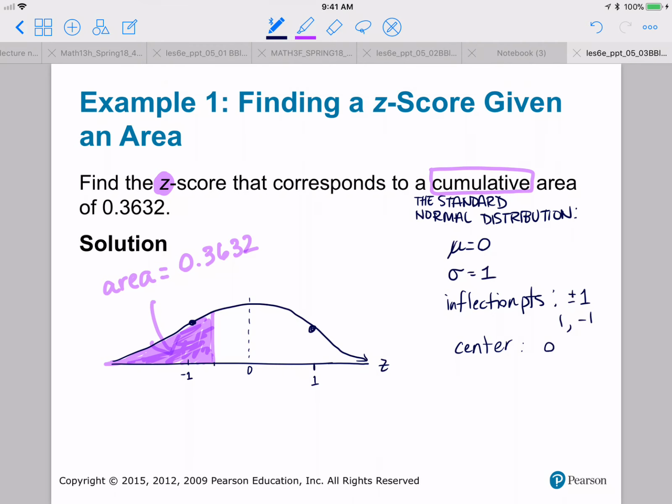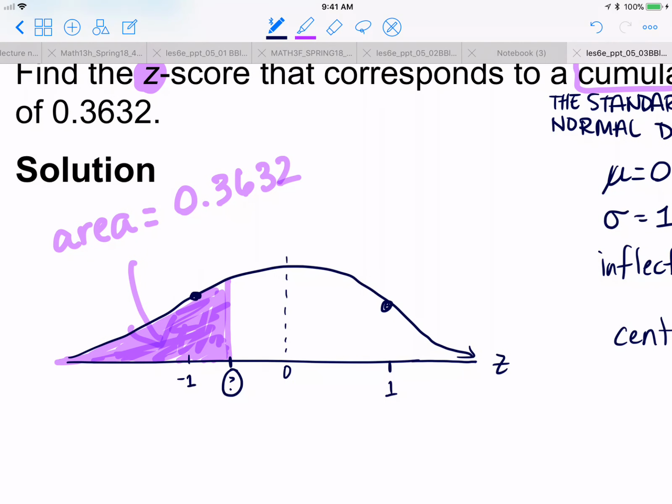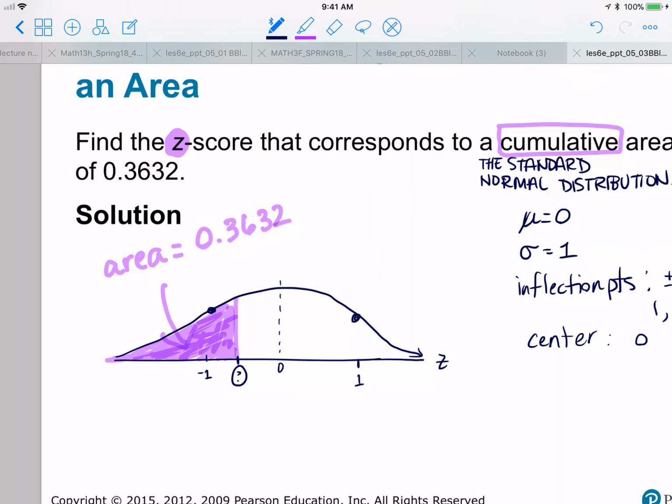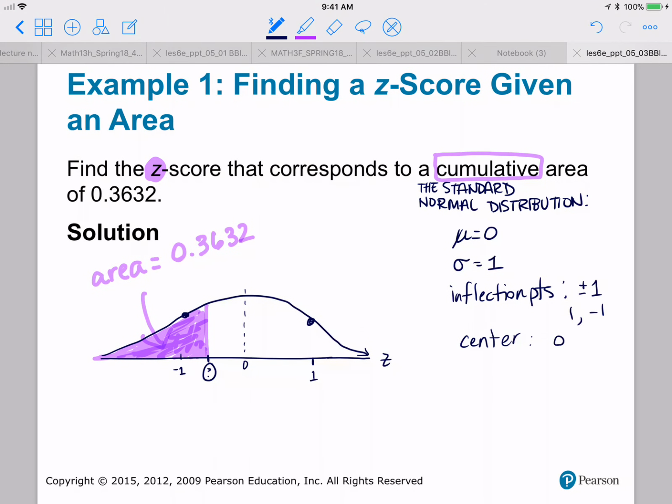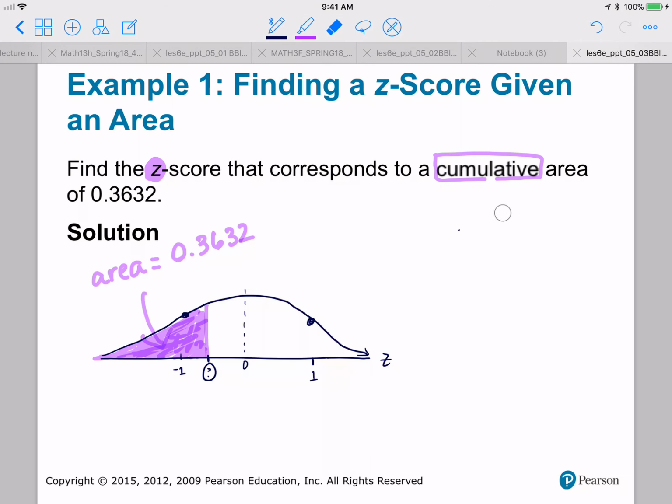Now I've got the picture, and what I want to know is what is the z-score that gives me a cumulative area of 0.3632. And now here is the syntax. On your TI-84, go to second vars for distribution. Let me get ready to write this down.